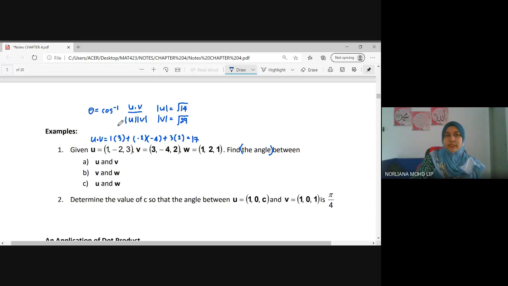Then you can find this angle. Okay, first you have to check that the mode of the calculator must be in degree mode. We need to change the angle unit to degree, because we want to find it in degree. So you can enter it. Okay, theta equal to, change the mode to degree.